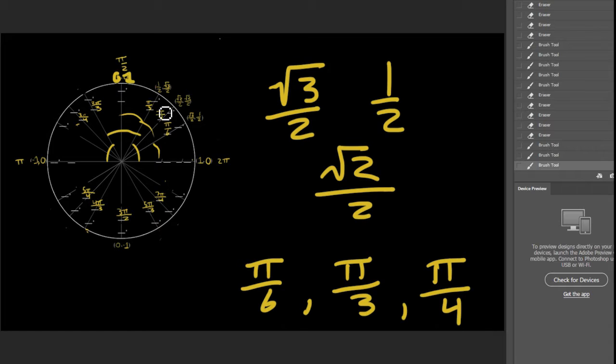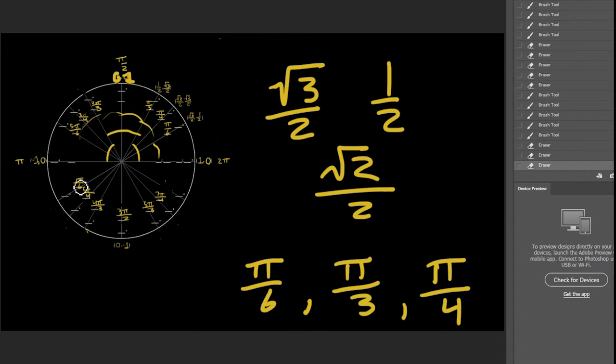So 3 pi over 6, that's pi over 2. Jump over here, that's filled, and then jump over here. This should be 5 pi over 6, and then you jump down here. That's 6 pi over 6, which simplifies to pi.